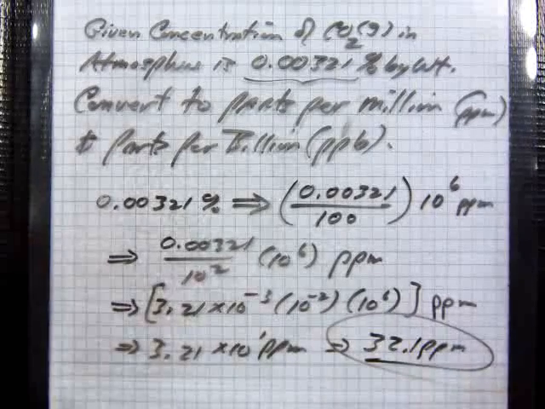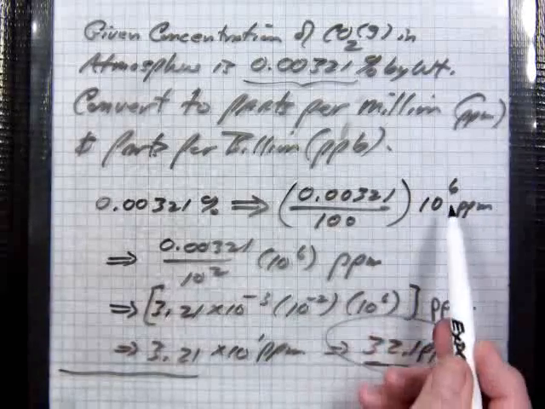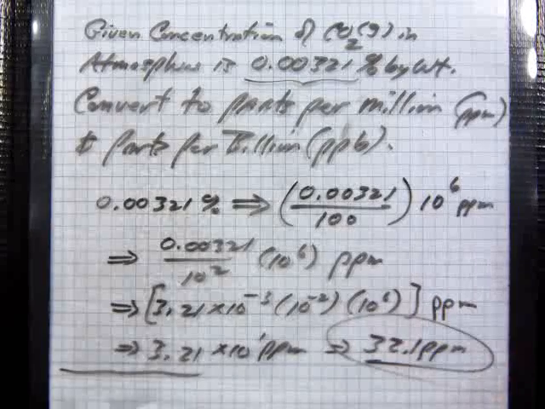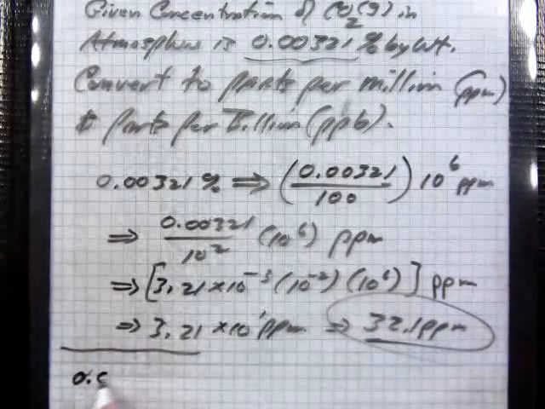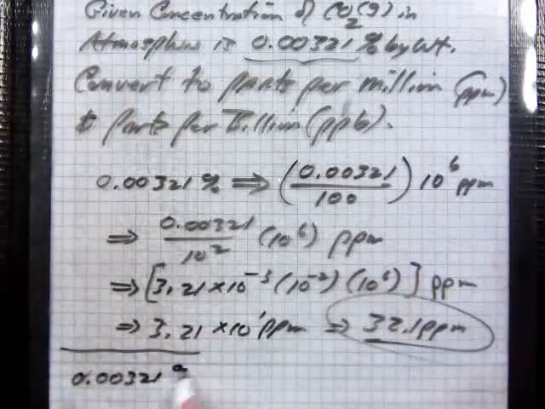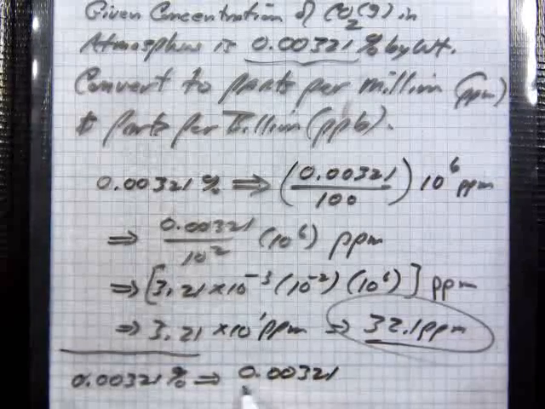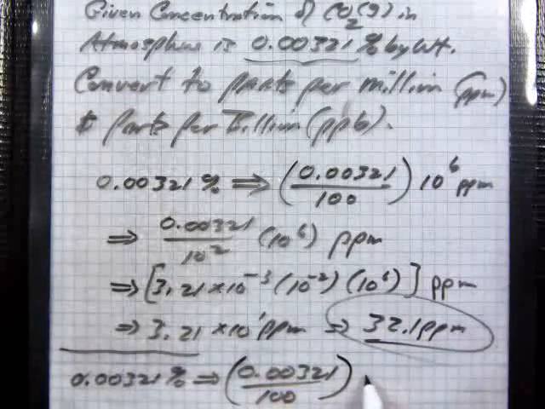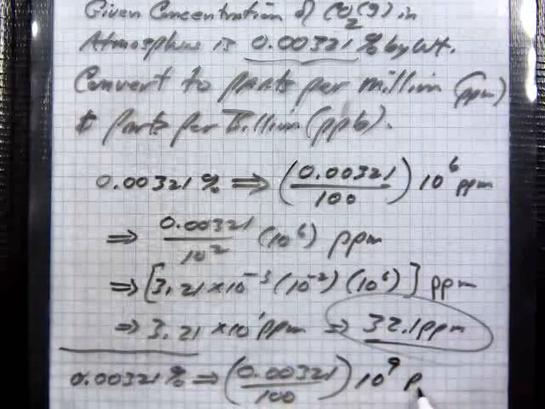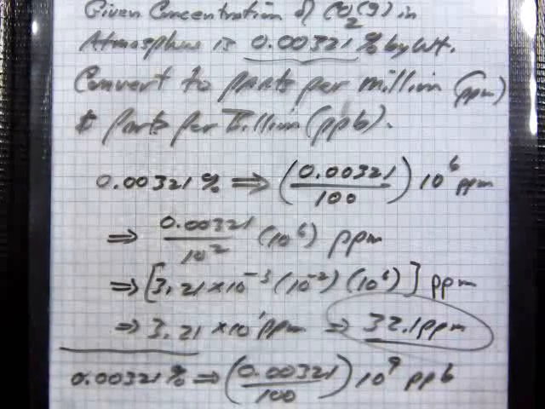3.21 times 10 to the first power, ppm, and that looks like about 32.1 parts per million in that case. Well, if you're working to parts per billion, you set it up the same way, except you'll put a 10 to the 9th over here. And so 0.00321% goes to 0.00321 over 100, or 10 squared, times 10 to the 9th parts per billion, and then you work it out to the appropriate standard form.